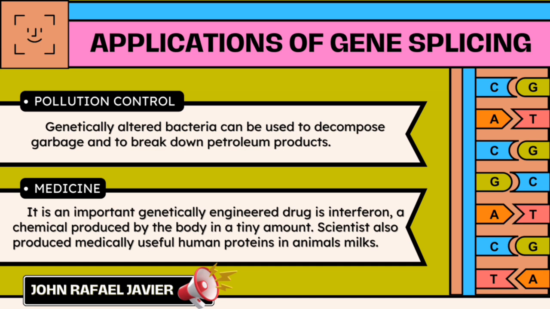Sheep milk is used to produce alpha antitrypsin. Cow milk is used to produce lactoferrin. Goat milk is used to produce TPA, a blood clot dissolving drug.